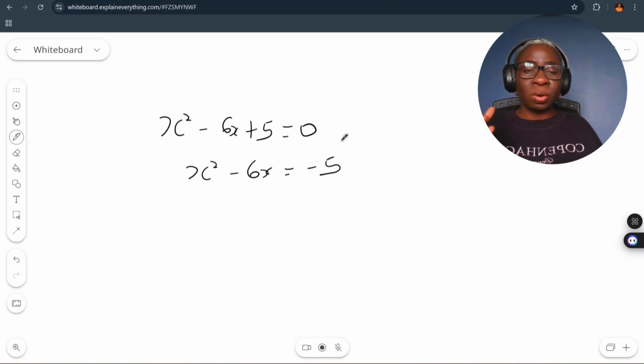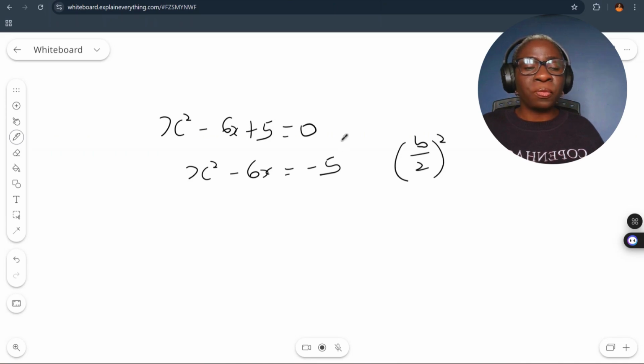The coefficient of x is b, so here the coefficient of x is -6. So we have (-6/2) squared. That will be (-3) squared, and that will be 9.